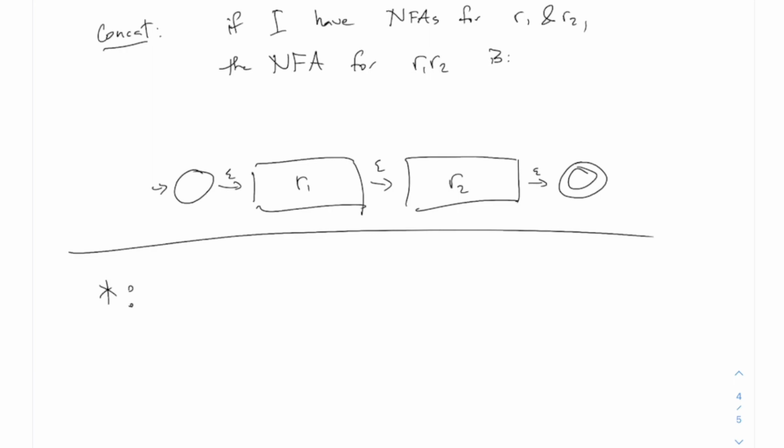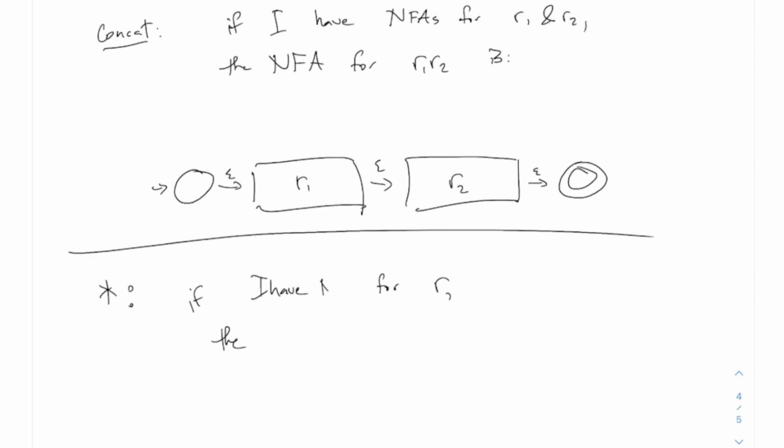All right, well, if I have a regular expression for, this time it's just an R. This is not a binary operation where you combine two things. You just have one thing and you put a star next to it. If I have a regular expression for R, let's say, then I mean NFA. This is what I'm saying every time.